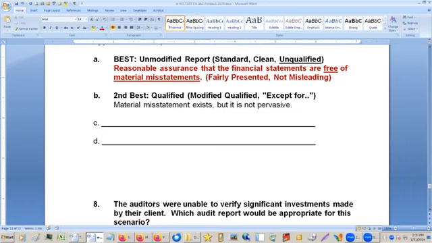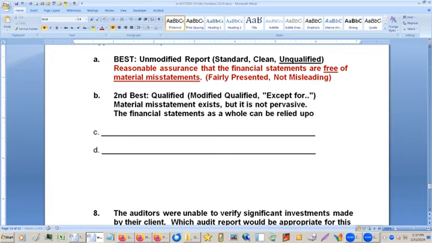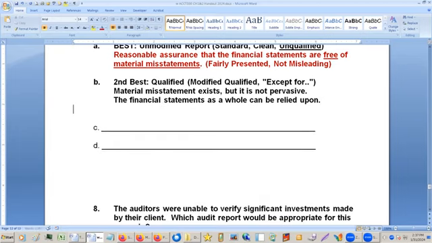But it is not pervasive. In other words, the financial statements as a whole can be relied upon. Usually one or two accounts are impacted.